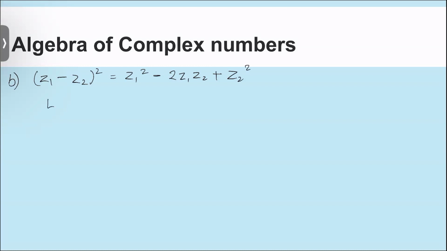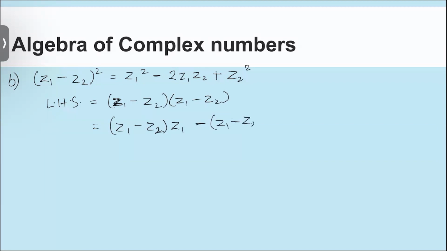Now again, for the LHS part, let's write it in the form of (z1 - z2) multiplied by (z1 - z2). Again, using your distributive law, we can simplify this as (z1 - z2) z1, and then negative 1, (z1 - z2) multiplied by z2.